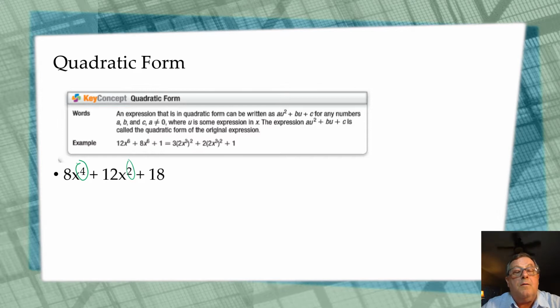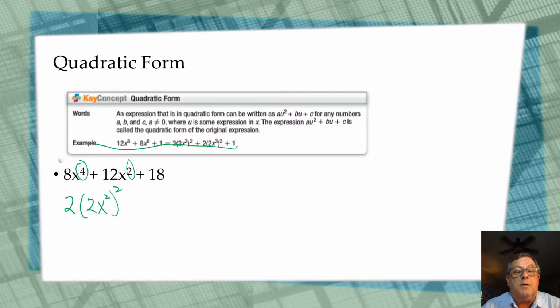8 and 12, I could also factor out 2 or 6. We could change this 8x to the fourth, and you can see in this example kind of what I'm doing, to 2 times 2x squared squared.